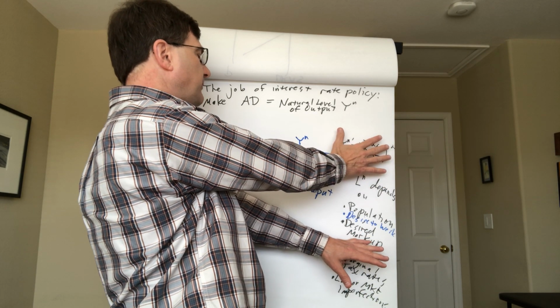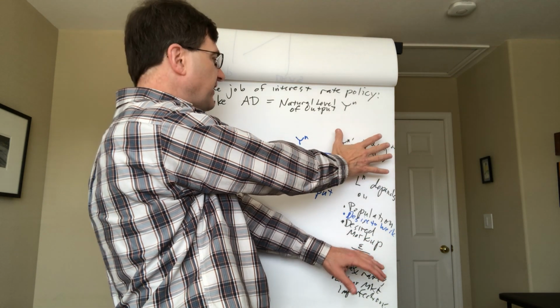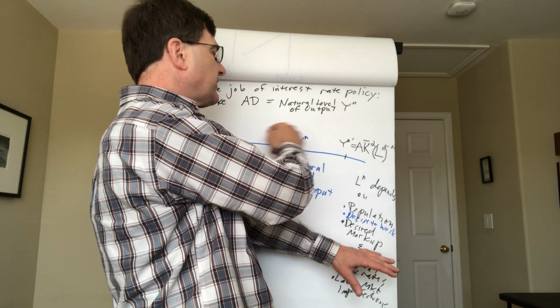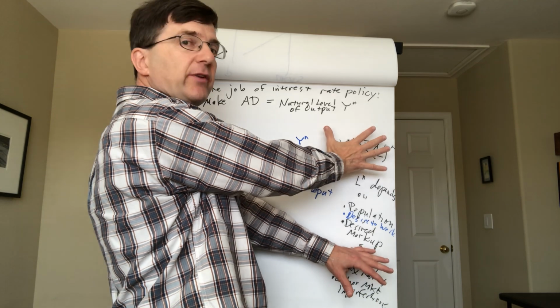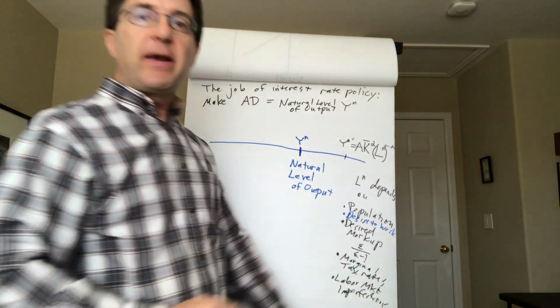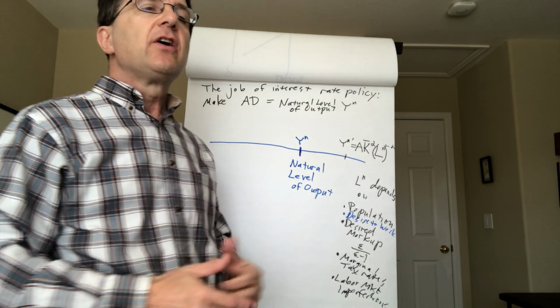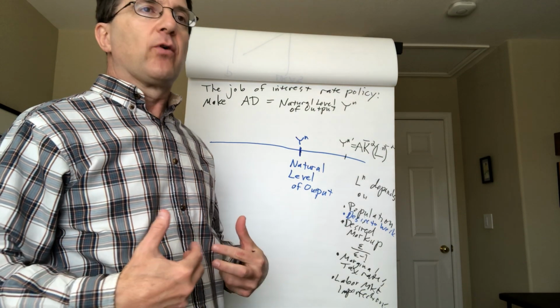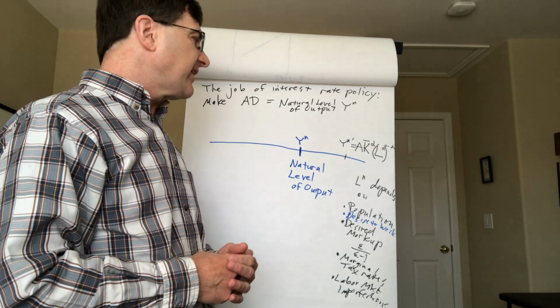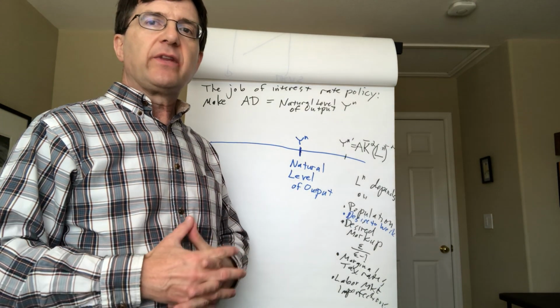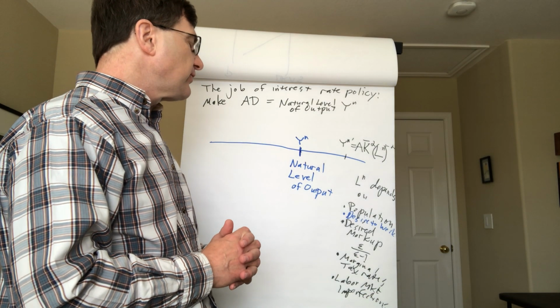The other thing that could happen is that the natural level of output stays the same, but there's some other shock that changes aggregate demand. Well, then it's really easy. Just bring the aggregate demand back to here. So unless the natural level of output changes, what we want to do is cancel out any changes in aggregate demand. And we'll talk a lot about that when we do the international finance diagrams too.